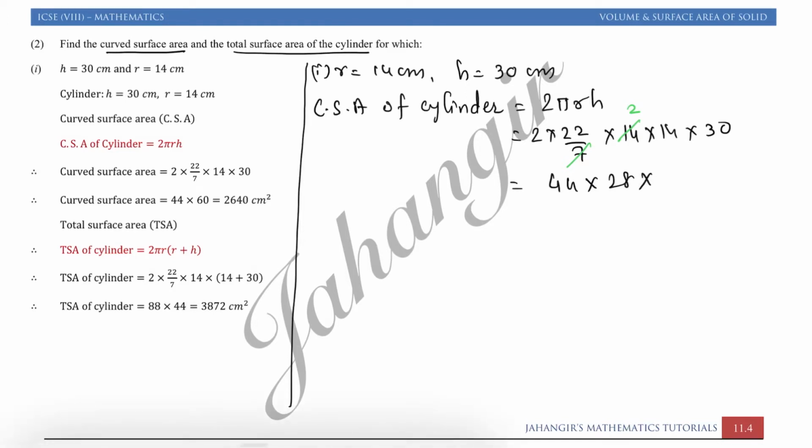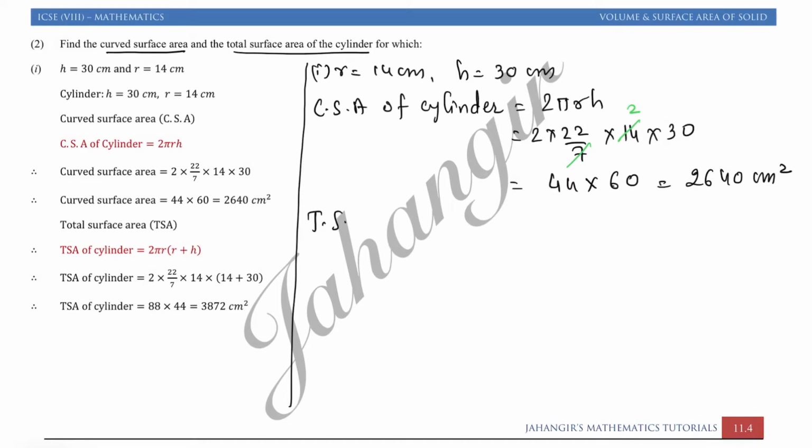Oh, so it's only 14 into 30. That is into 60. So we can write 44 into 60 is 2640 centimeter square.